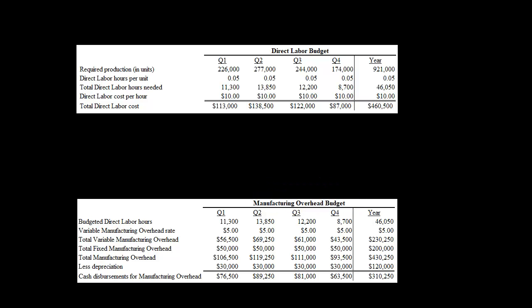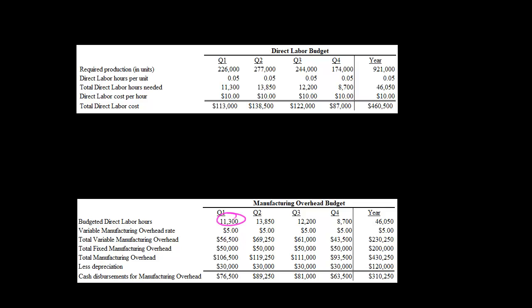Now, notice with the manufacturing overhead budget, we've got it by quarter here, 4 quarters, and we're actually going to break it out into variable manufacturing overhead and then fixed manufacturing overhead. So let's just assume that the rate for variable manufacturing overhead is $5 per direct labor hour. So we're going to multiply the budgeted direct labor hours by the variable manufacturing overhead rate.